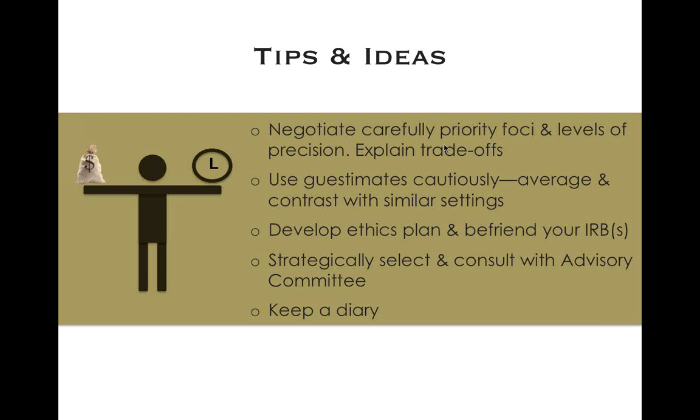Also, develop an ethics plan and maintain open communications with your IRB. It's important to carefully anticipate risks and benefits for participants, and particularly children, and to design a plan that specifies how the informed consent will be documented, how voluntary participation will be respected.